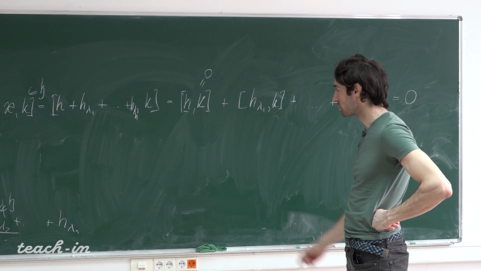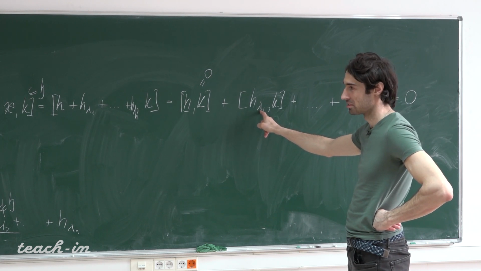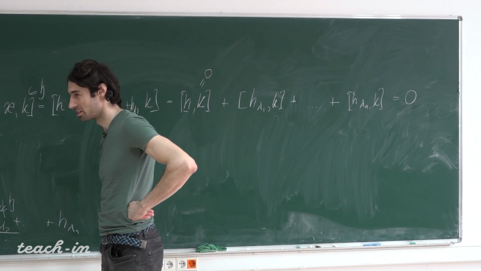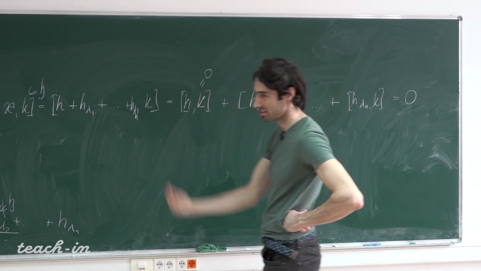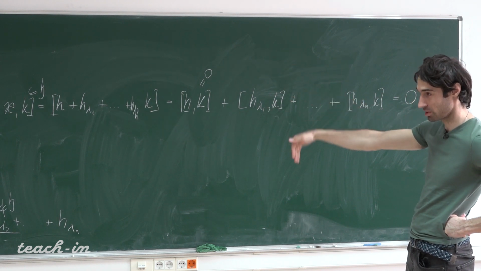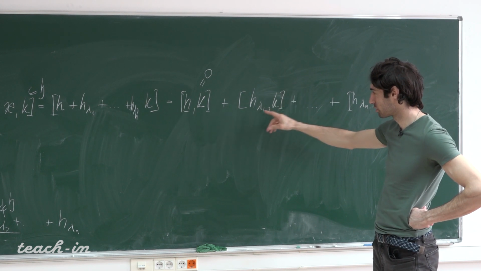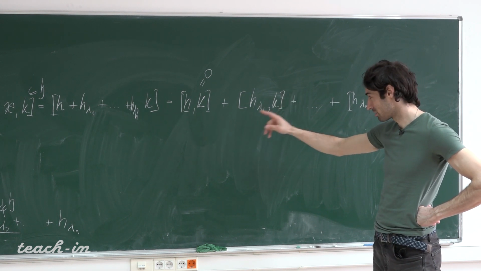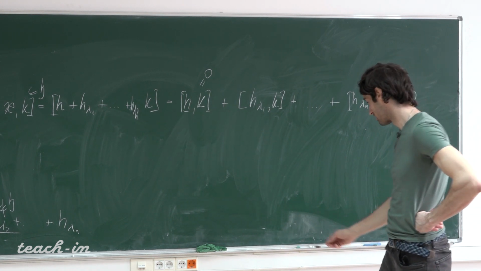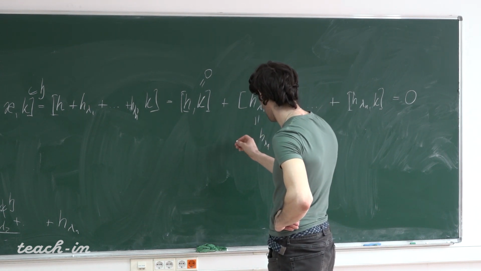So h lambda 1 is an eigenvector of ad k. Why? Because it lives in g lambda 1, and g lambda 1 is an eigenspace of all H's, I mean all elements from H, in particular this one. So if I apply the commutator to this one, I will get this element multiplied by some number. And what is this number?